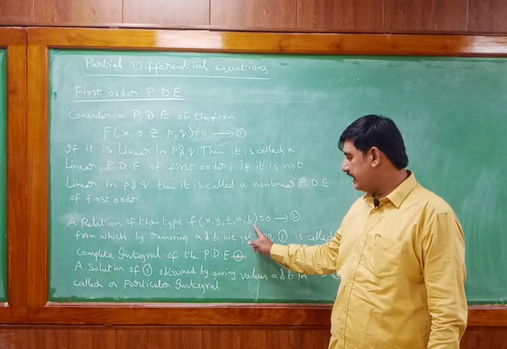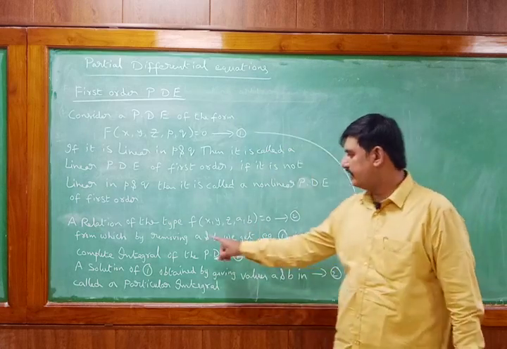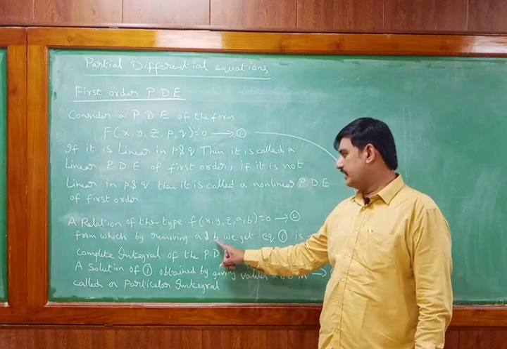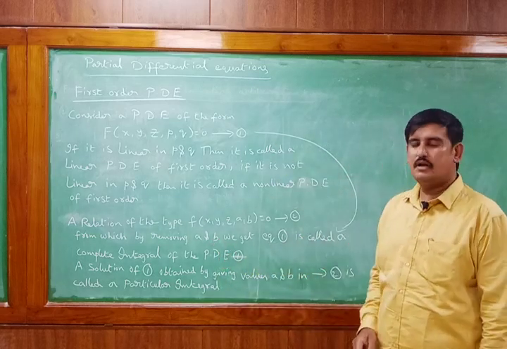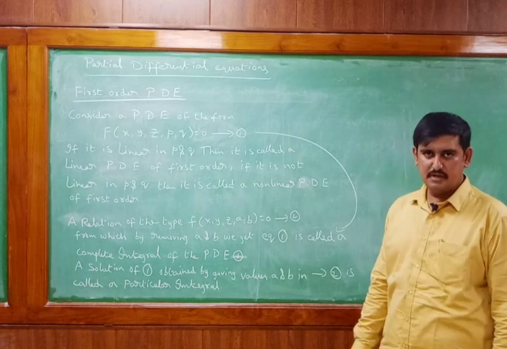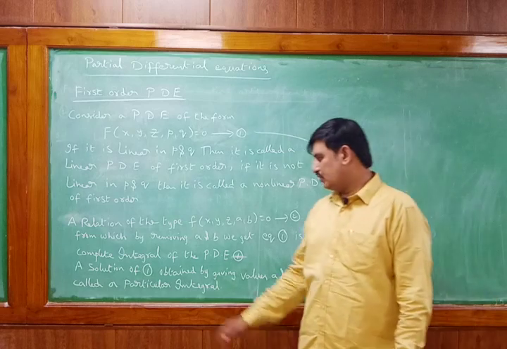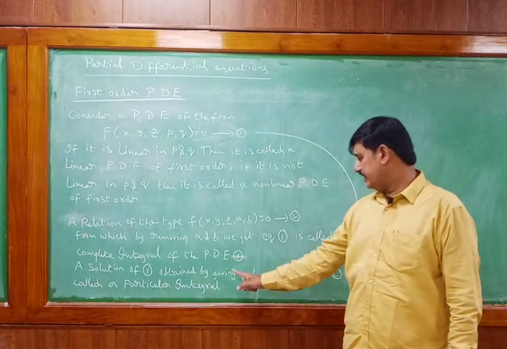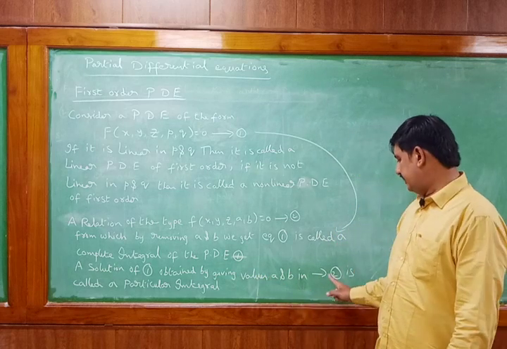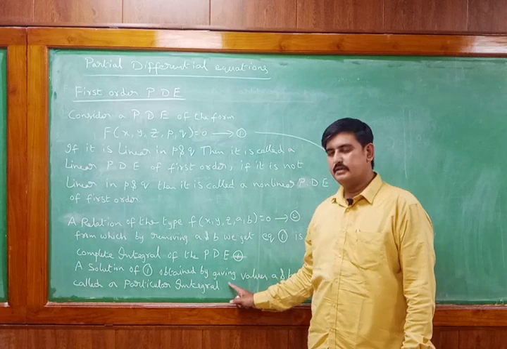If I eliminate a and b, I get equation 1, and it is called the complete integral of the PDE, equation 1. Now a solution of 1 obtained by giving values to a and b in equation 2 is called a particular integral.